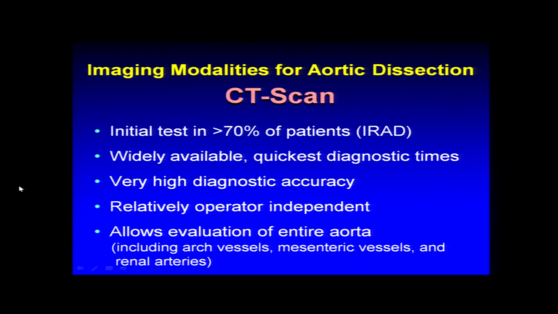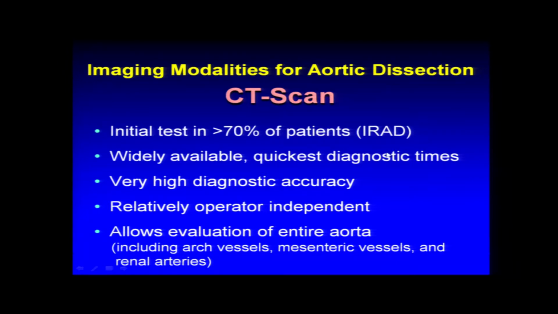I've mentioned already that CT scan tends to be the initial diagnostic test in the majority of patients in this era. We, fortunately or unfortunately, because we get called in the middle of the night a lot, but TEE is almost always done in our patients in addition, typically when they go to the operating room, but it's very common for us to do transesophageal echo in our hospital. CT is very widely available.